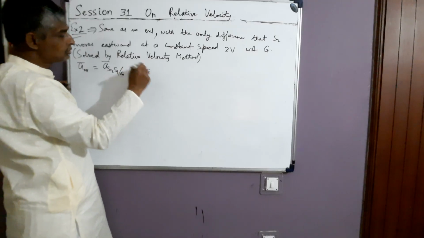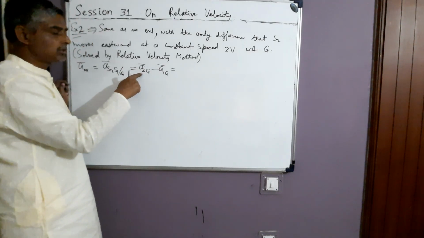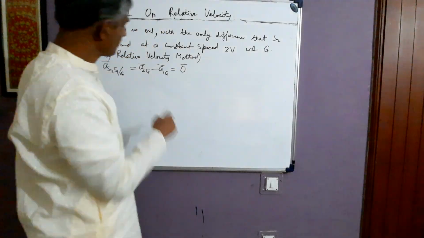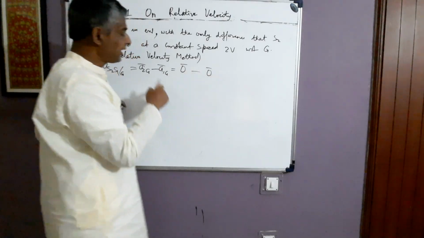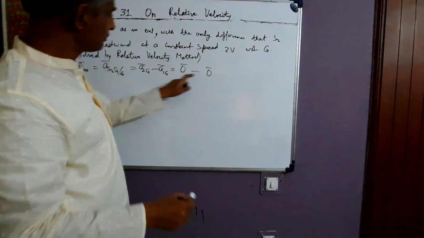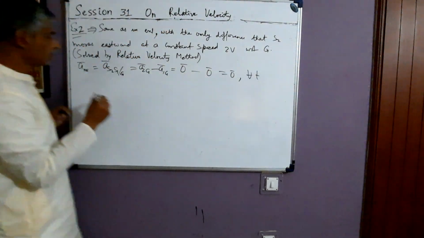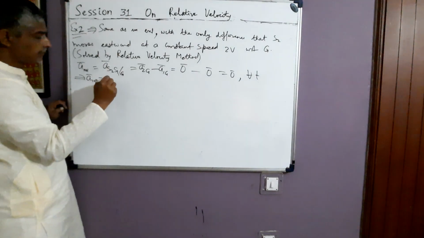That is just A2g minus A1g. Acceleration of S2 with respect to ground is 0. It is moving eastward in a straight line at a constant speed 2v. A1g, acceleration of ship S1 with respect to ground, is also 0. It is moving along the southern direction in a straight line at a constant speed v. So both are 0. Difference is also 0 for all times. So this means A relative is 0 for all times.